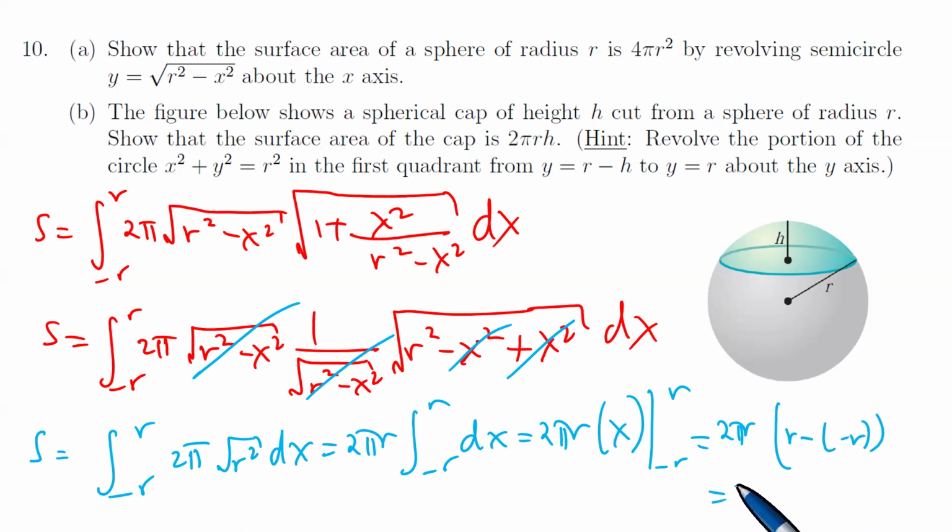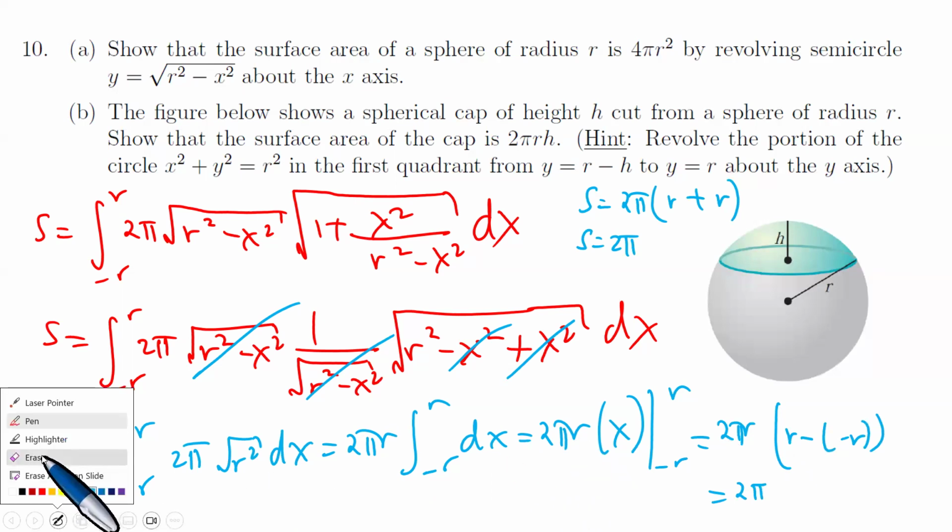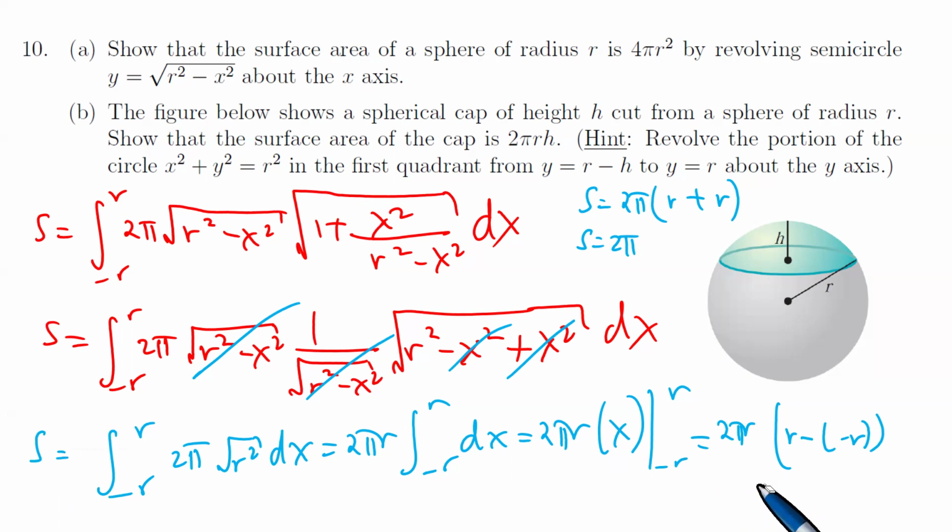And now you're getting the surface area is 2 pi, then you have r plus r, because negative times negative is positive. Okay, there's 2 pi r, remember? 2 pi r here, 2 pi r there. So let us write properly.